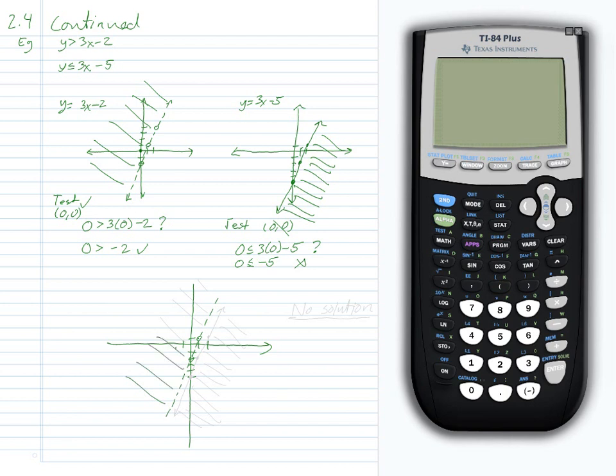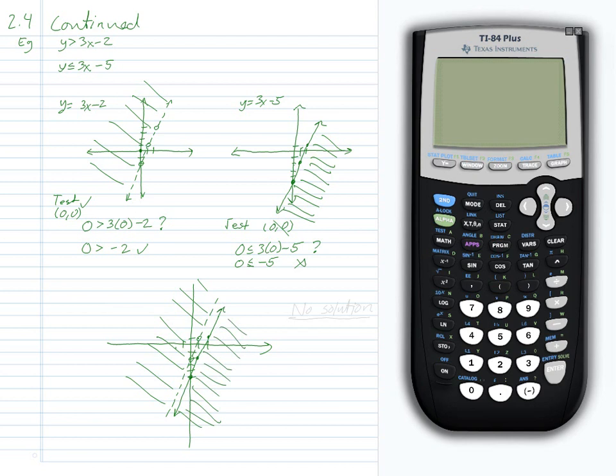And we wanted to shade above. My other line had a y-intercept at -5 with a slope of 3 also. And so we would shade below that one.